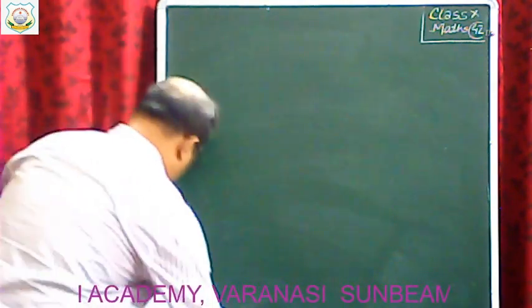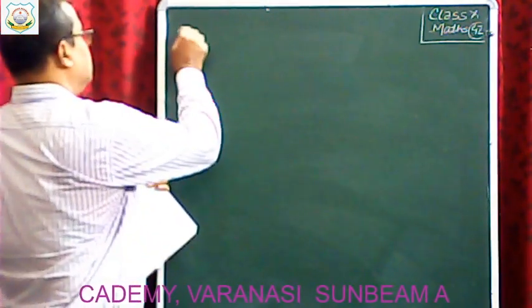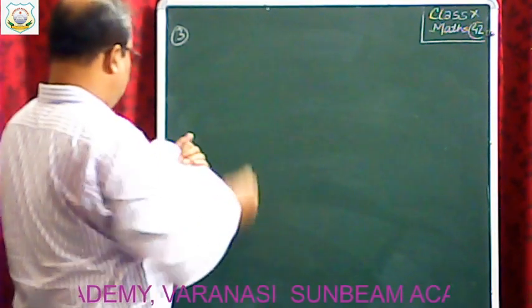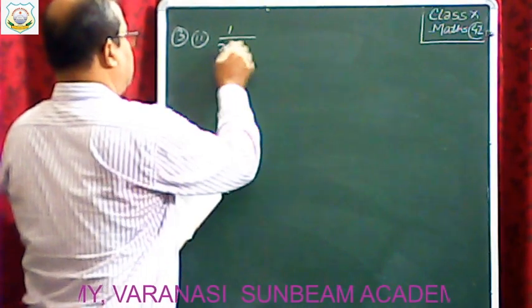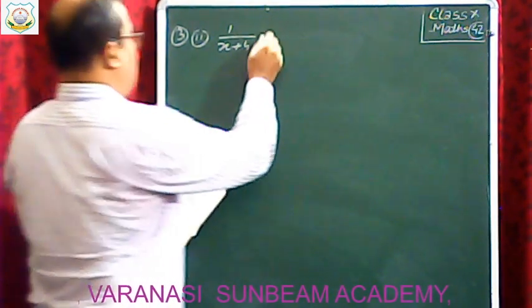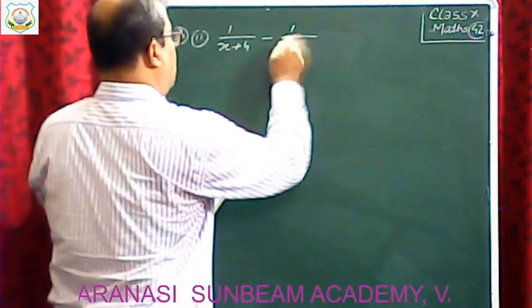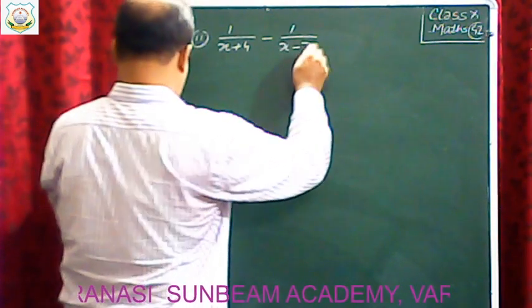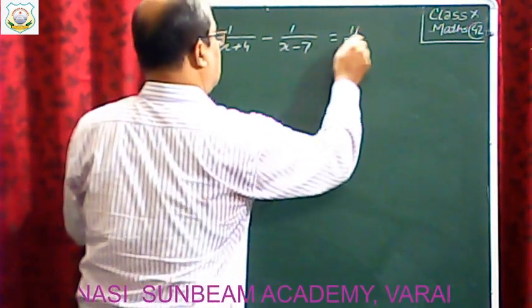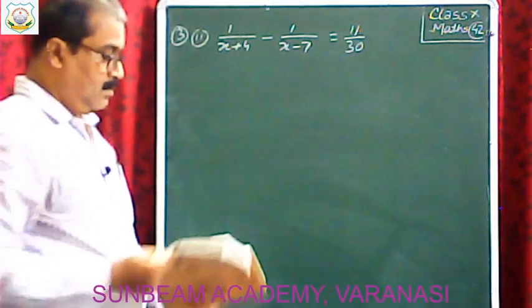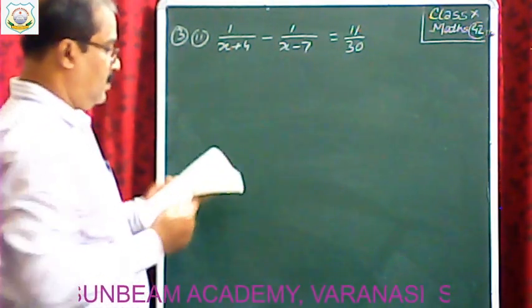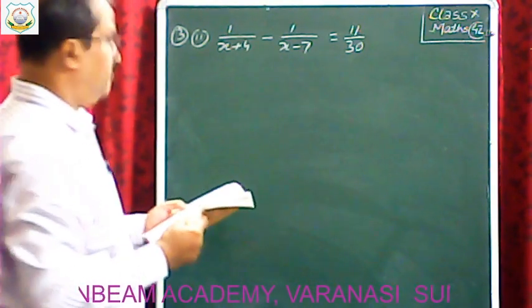Question number 3. 1 upon x plus 4 minus 1 upon x minus 7 equal to 11 upon 30. So we have to form the quadratic equation by simplification.